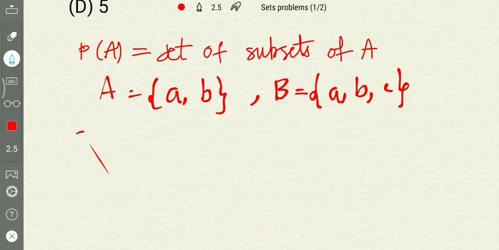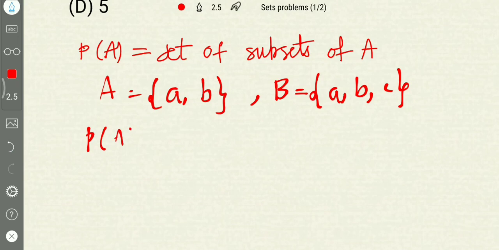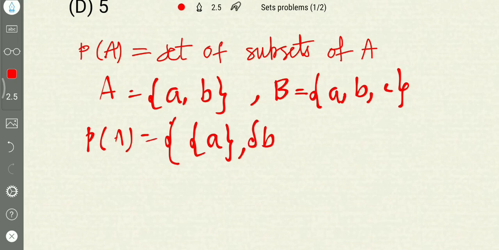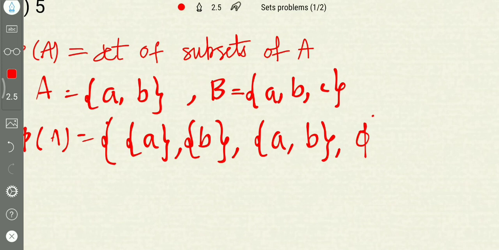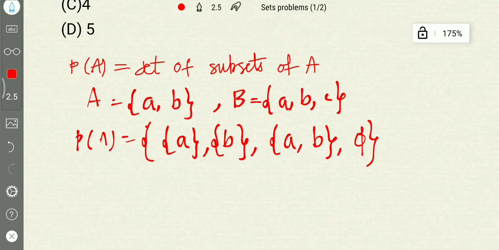Then what is P of A? P of A is equal to the set of all subsets of A, which means {a}, {b}, and the next one is {a, b}, and another one is the null set. This is what P of A means.